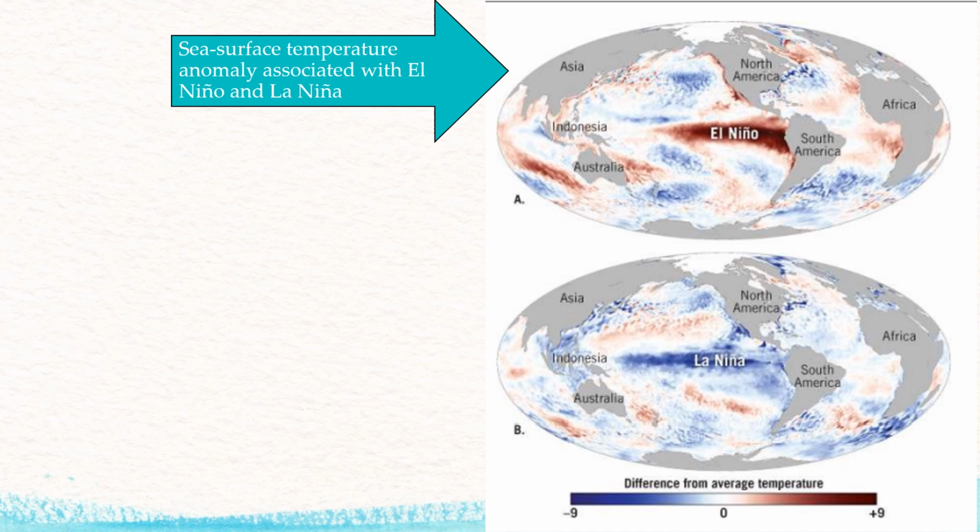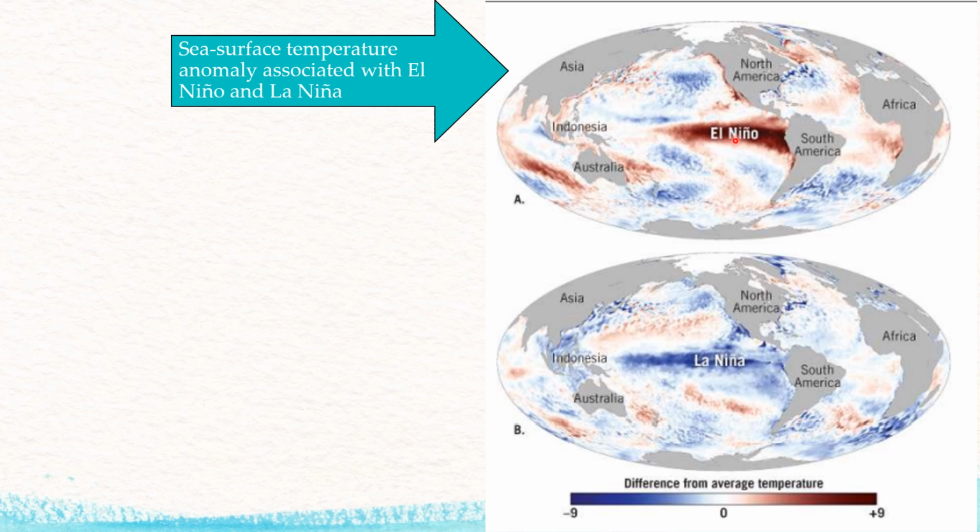So the circulation associated with El Nino eventually returns to normal conditions or is replaced by a La Nina event, the opposite of El Nino, because El Nino means the little boy, La Nina means the little girl. So as you can see in here, there is a difference from El Nino.